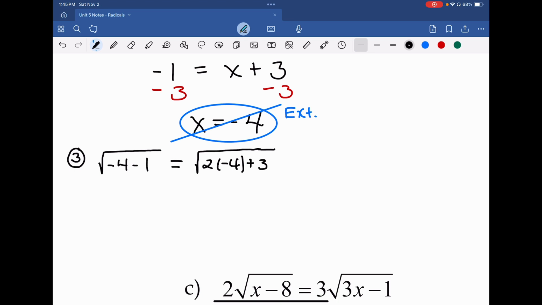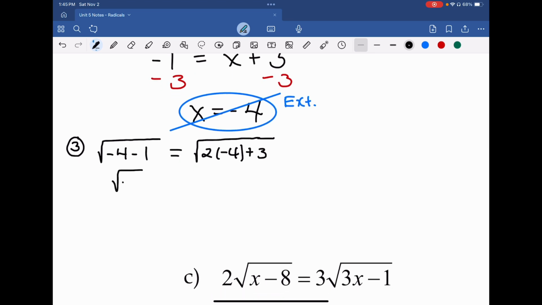The left-hand side will be equal to the square root of negative 5, which is equal to the square root of 2 times negative 4, which is negative 8, plus 3, which is negative 5. And you'd say, okay, they're equal to each other, square root of negative 5, square root of negative 5.